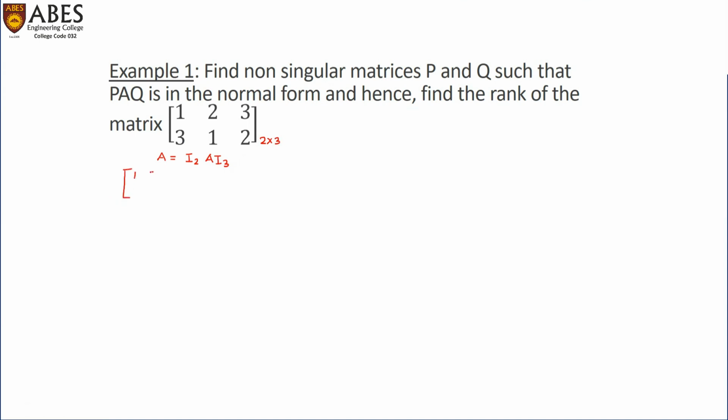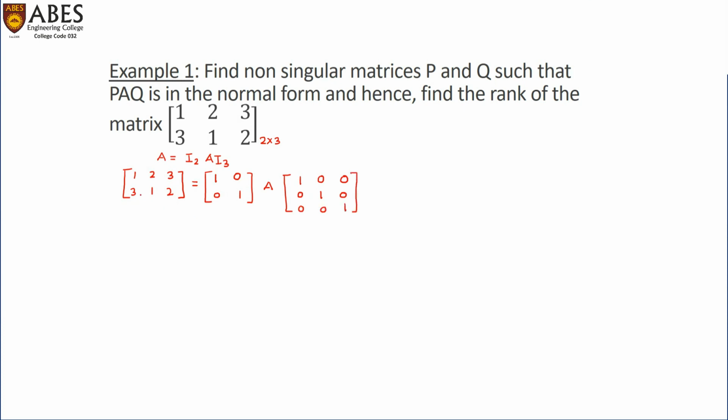A is 1, 2, 3 and 3, 1, 2. I2 is 1, 0, 0, 1 and I3 is 1, 0, 0, 0, 1, 0 and 0, 0, 1.